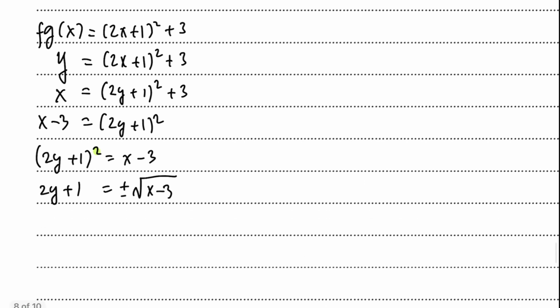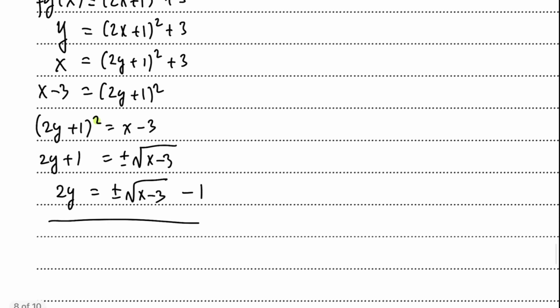So from here, we have 2y equals to plus minus square root of x minus 3 minus 1. And then we divide by 2 both sides. So you will get y equals to plus minus half square root of x minus 3 minus 1 over 2.